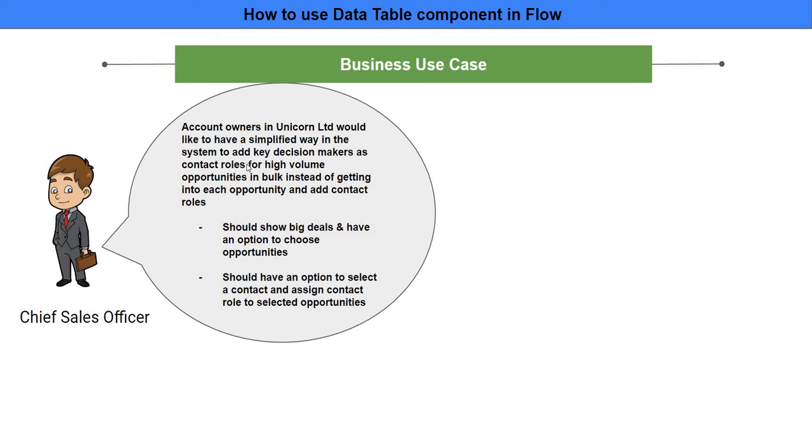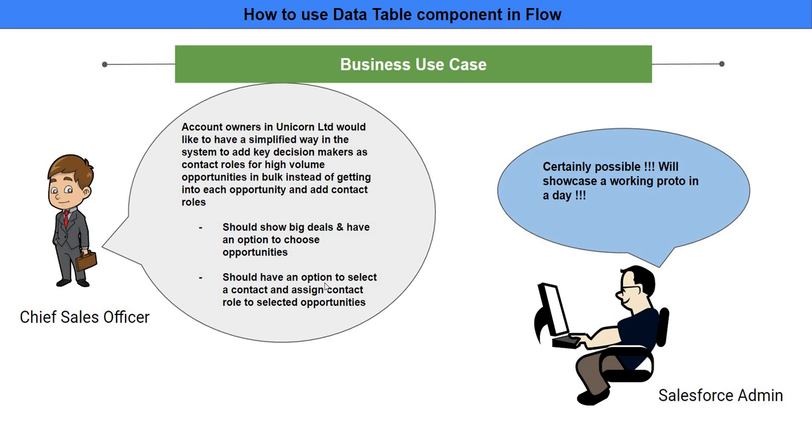This is needed for high volume or large deals in the system. So we should have a way to show all the large deals in the system and the ability for the user to select one or more opportunities, followed by assigning a contact role to all the opportunities. Again, as a system administrator, you will be doing this without writing a single line of code. Let's see how this is accomplished.